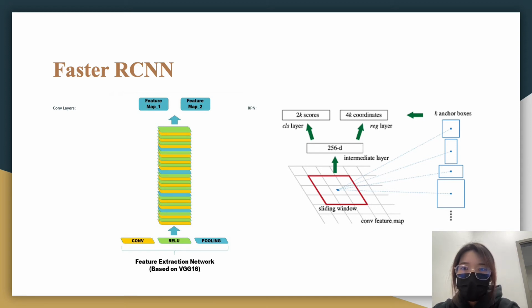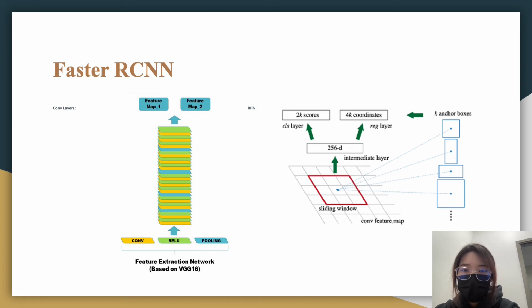The feature maps of the image are extracted through a set of convolutional plus ReLU plus pooling layers for subsequent RPN layers and proposals. RPN, the region proposal network, replaces the selective search of the previous RCNN variant, and is used to generate candidate boxes.